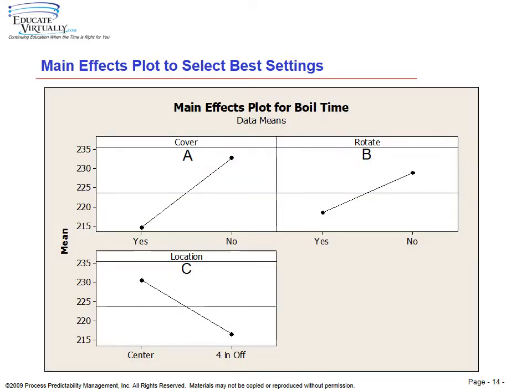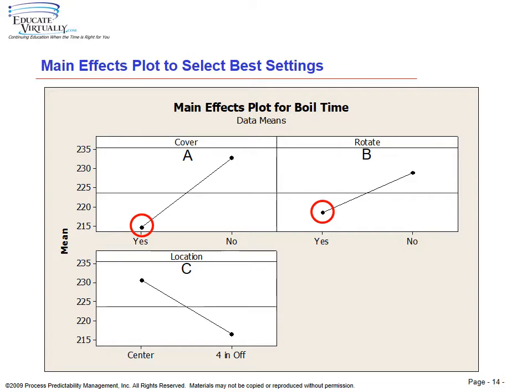Here is the main effects plot that we use to select best settings. We have the cover, which is factor A, rotating, which is factor B, and location, which is factor C. For the cover, the least amount of time to boil a cup of water turns out to be yes, have it covered, with something less than 215 seconds. For rotating, yes, we want to rotate.